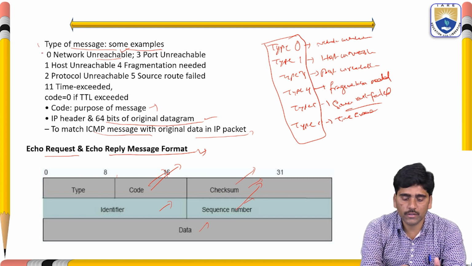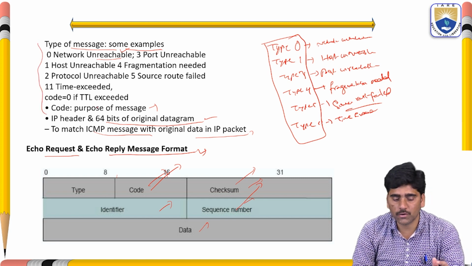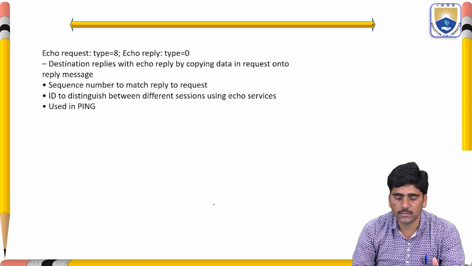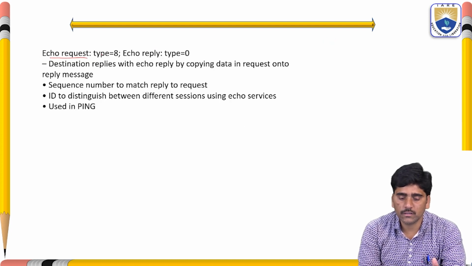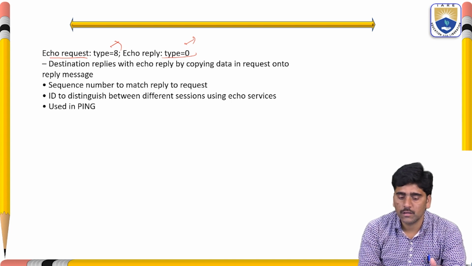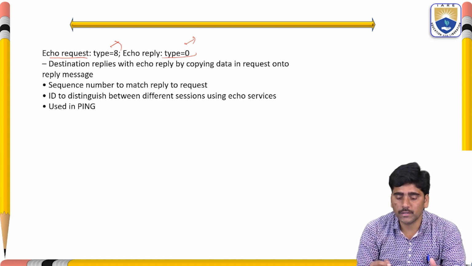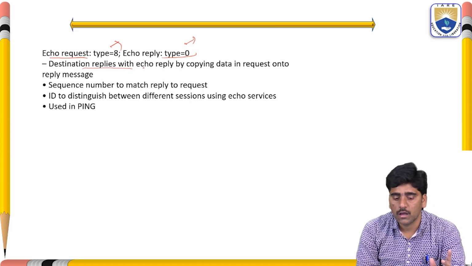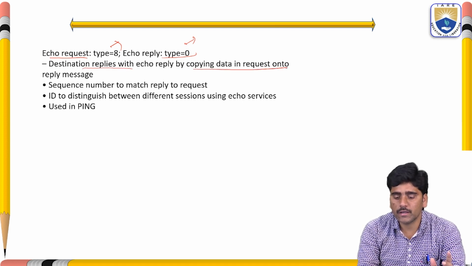So these are the fields in the ICMP message format for echo request and echo reply. Echo request is type 8, and echo reply is type 0. The destination replies with an echo reply by copying the data from the request onto the reply message.